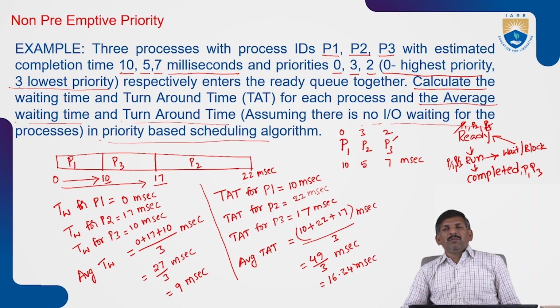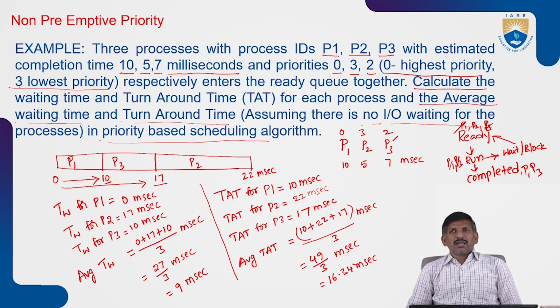So for this requirement, if you are following priority based scheduling algorithm, the average turnaround time is 16.34 milliseconds.